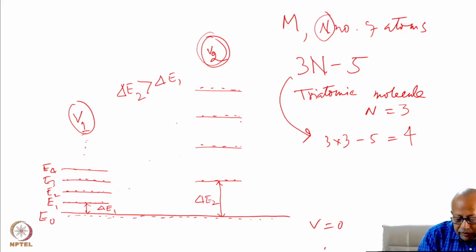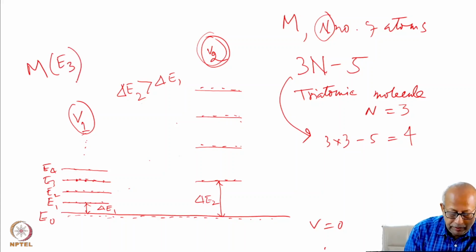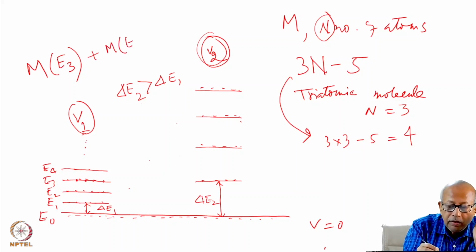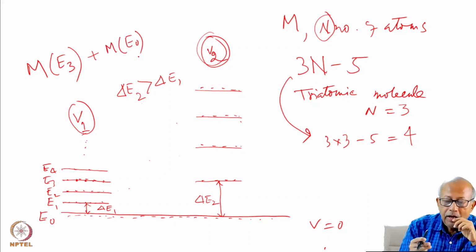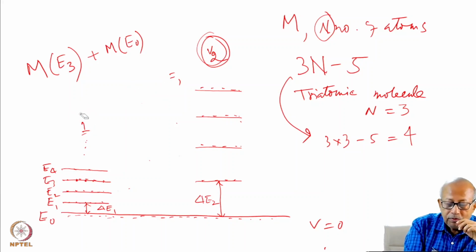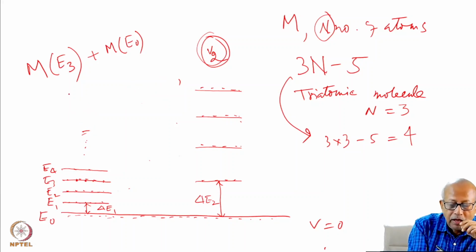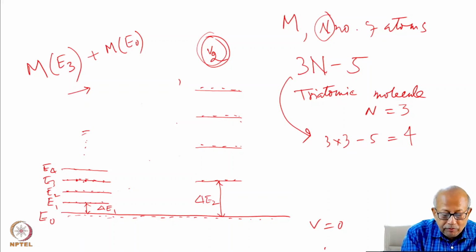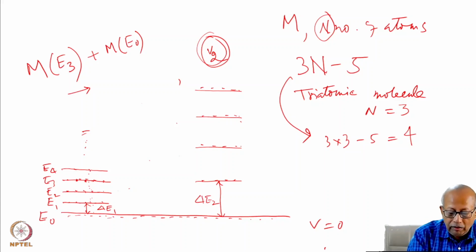Suppose I consider a molecule in this state, which is molecule M in state E3, and it may collide with a molecule which is in the ground state Me0, and the collision will result in transferring this vibrational energy. See, all these energies are equal. The spacing between the energy states, successive energy states, is the same.